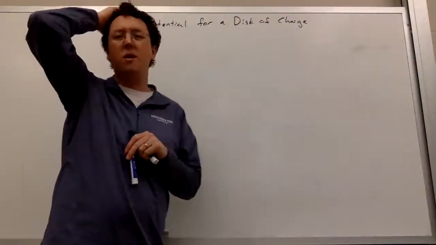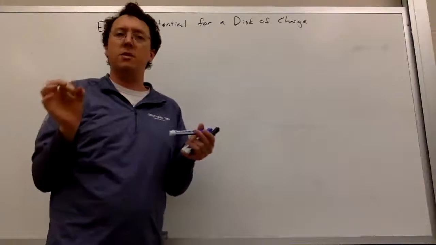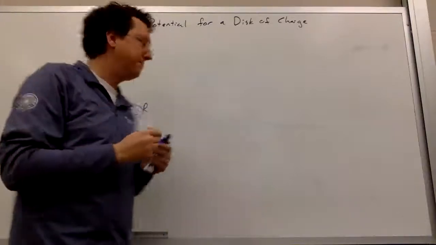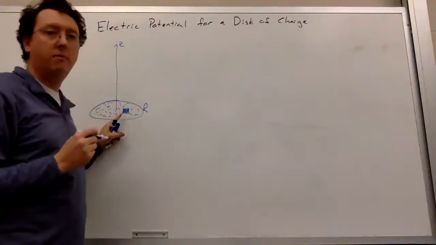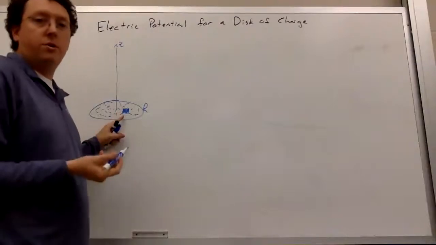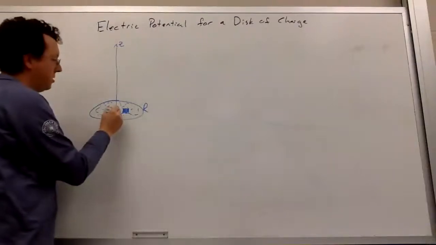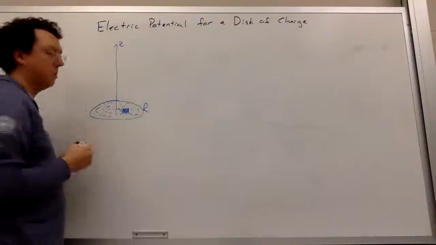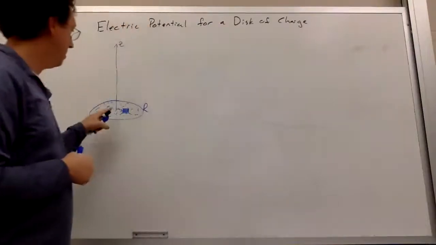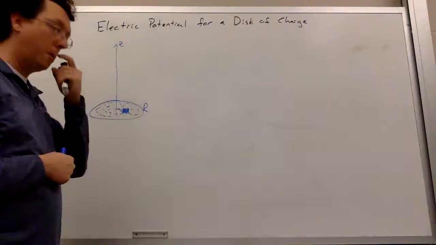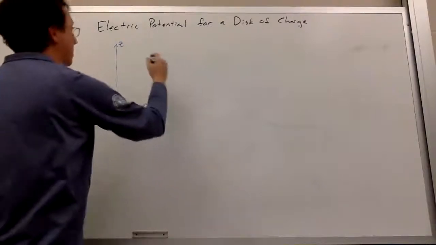We treat each one essentially like a point charge and then integrate. So when we talk about the position of a source charge, we're talking about the position of this little postage stamp from the origin.